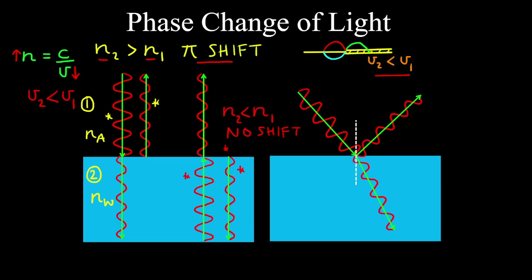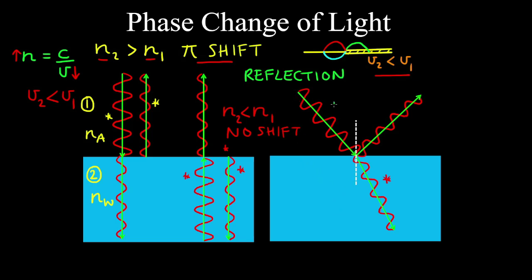And generally, the phase of a wave does not change when it's refracted as it passes from one medium to another. So the phase shift only applies to a reflected wave, not a transmitted wave.